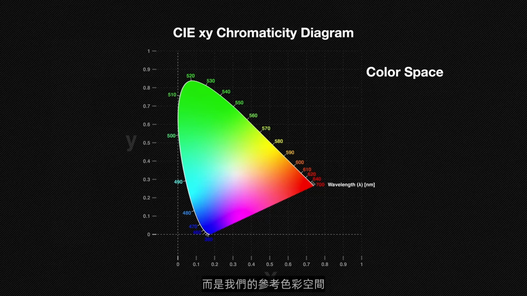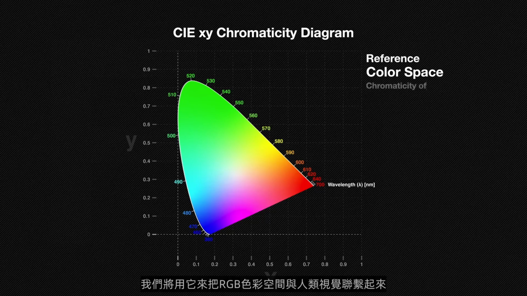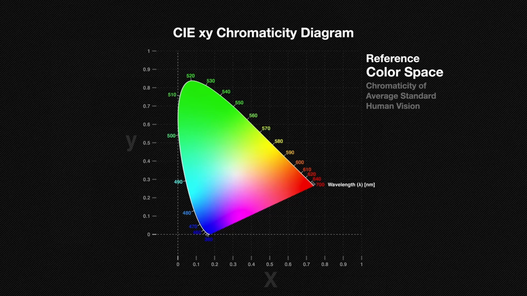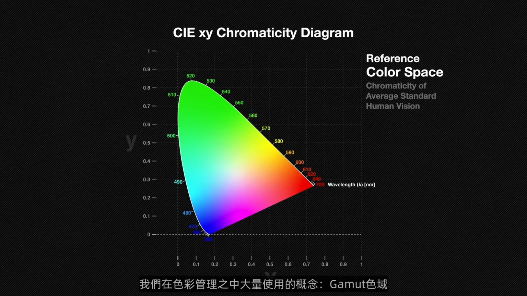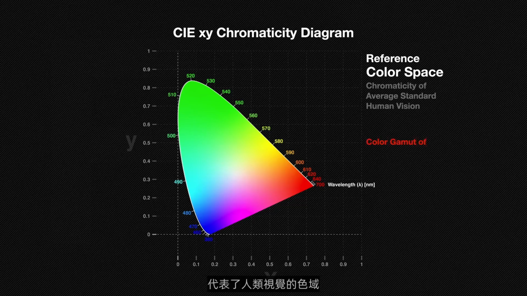It is our reference color space that we will use to put our RGB color spaces in relation to human vision. I think it's time to introduce a concept we are going to use a lot for color management: gamut. The spectral locus of the CIE-xy chromaticity diagram represents the color gamut of human vision.